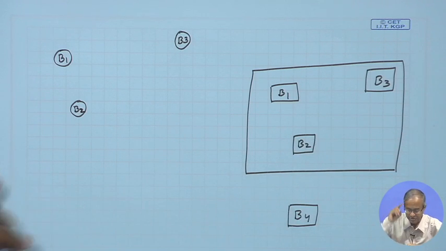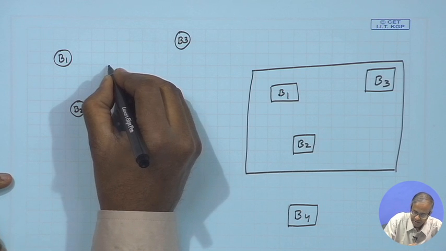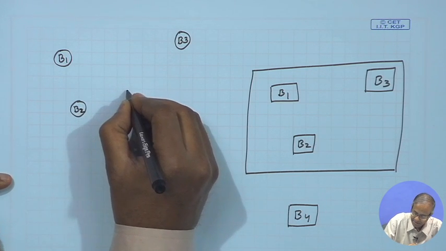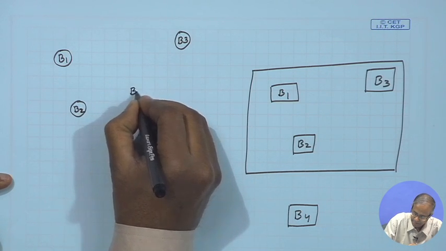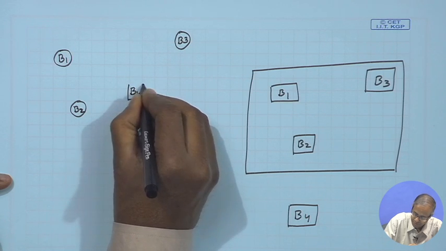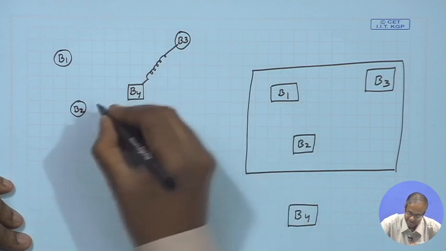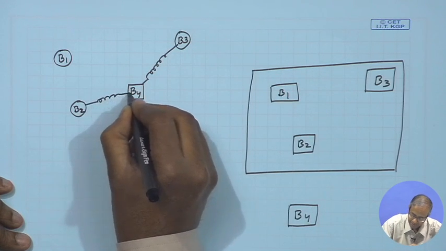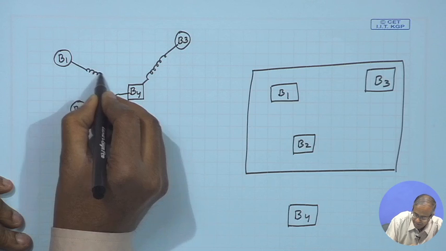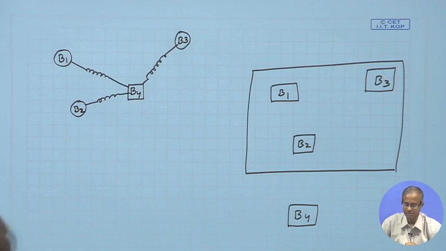Okay. So, this B4 I am denoting by a body B4, I am showing it in a rectangle, which as if is connected by springs to these 3 already placed blocks B1, B2, B3.